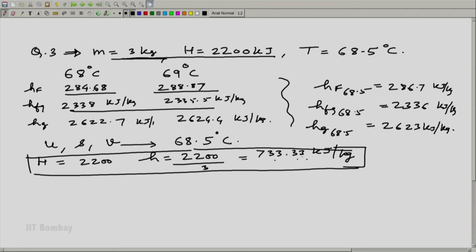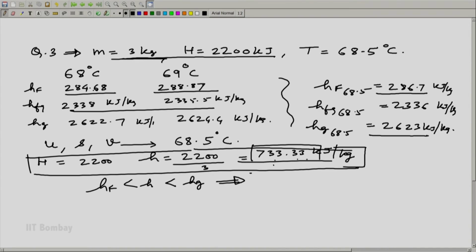If I compare this H value with HF and Hg, we understand that HF is less than H, which is less than Hg. HF at 68.5 is 286.7, Hg at 68.5 is 2623, while what we have is 733. Therefore, we know that this is a two phase region.